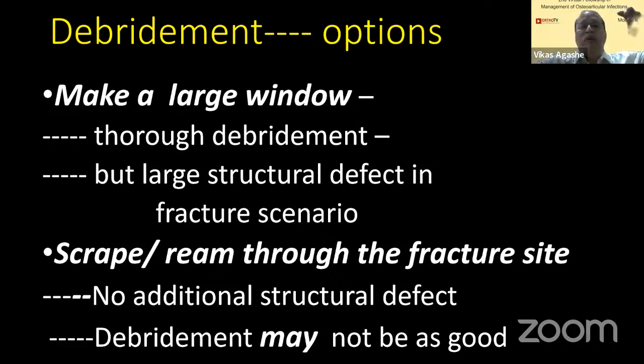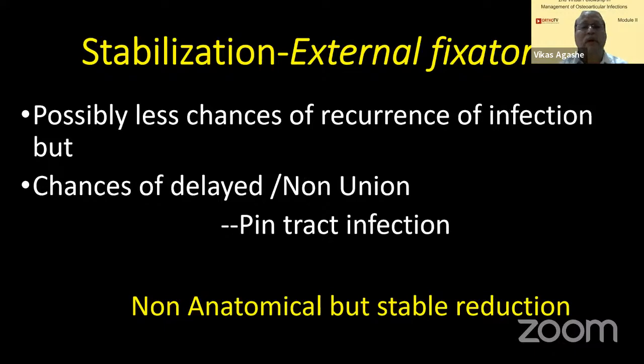So you will not be able to debride by just doing a normal nailing, reaming. Again, stabilization: if I do an external fixator, possibly there are fewer chances of recurrence of infection. But yes, chances of delayed or non-union are high and chances of pin tract infection are high.